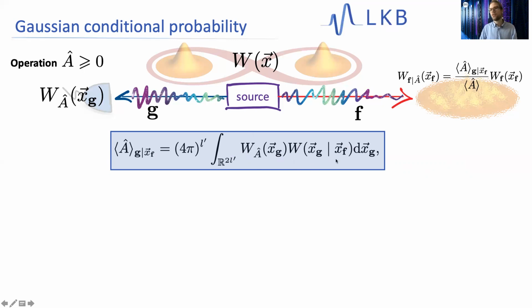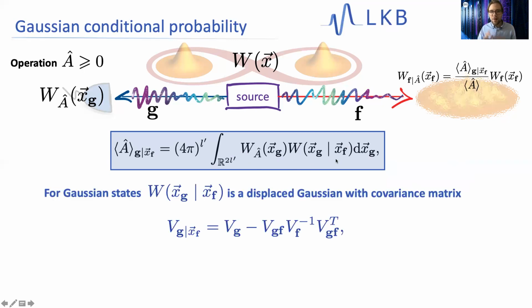So generally, whether I get Wigner negativity or not will also depend a lot on the specific properties of this conditional probability distribution. And in our setup, this is quite interesting, because initially we have a Gaussian state, which means that our conditional probability distribution that we defined is also going to be a Gaussian. More specifically, it's going to be a displaced Gaussian probability distribution, where the displacement will depend on this value XF upon which we are conditioning, but the covariance matrix of this Gaussian does not depend on XF.